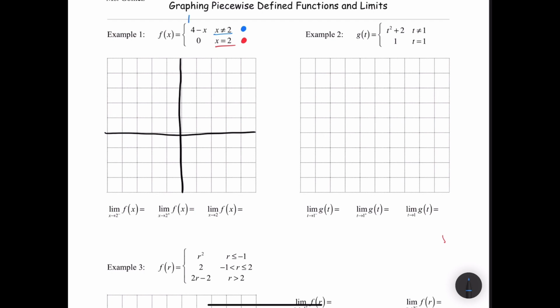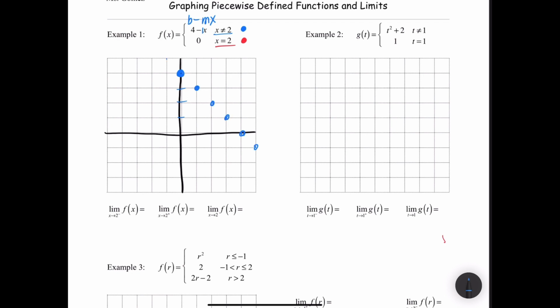My constant is first, so I can see this is b minus mx. So b, remember that b is our y-intercept, so I'm going to be intersecting the y-axis at 4, 1, 2, 3, 4. And my slope is -1, right? Because I have an imaginary 1 next to that x. So I'm going to be going down 1, 1 to the right. So down 1, 1 to the right, down 1.